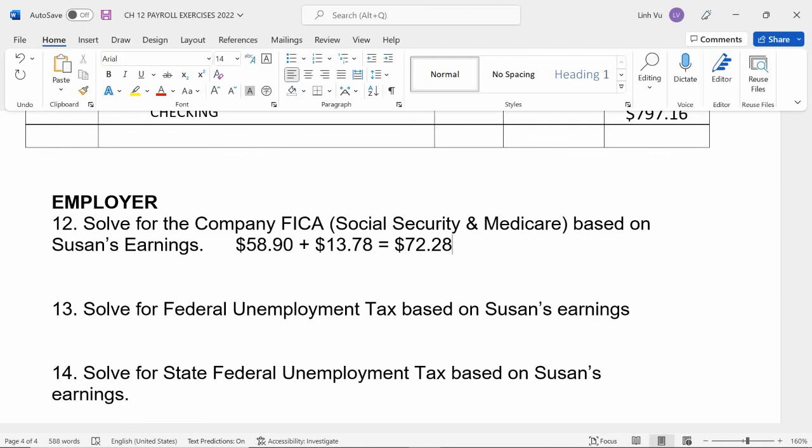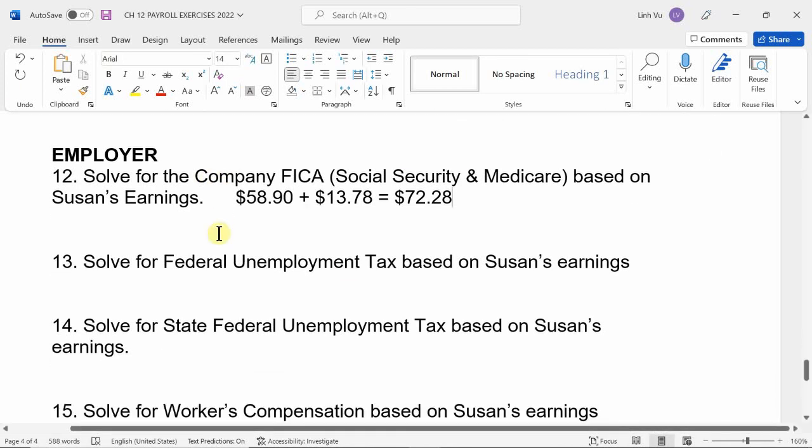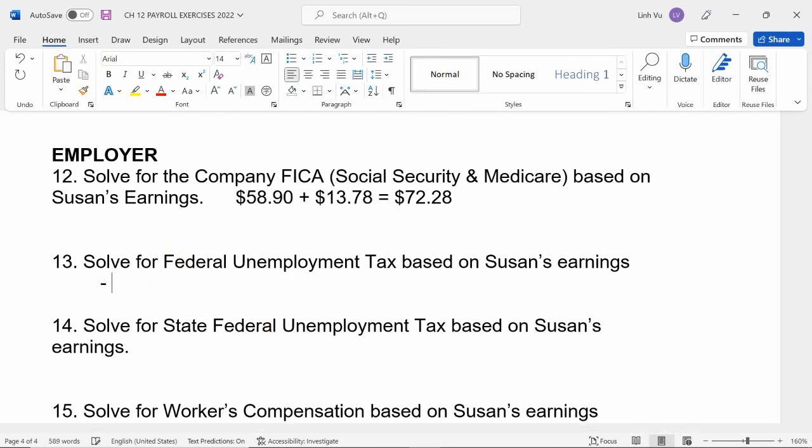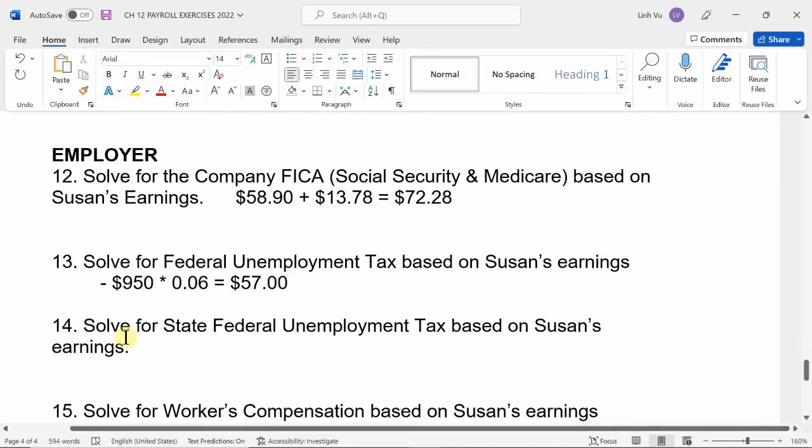Okay. So then now we need to figure out what her federal unemployment is going to be, based off of her gross earnings. What percent did we say we're going to use for this class? 6%. So what is 6% of 950? $57. Okay.